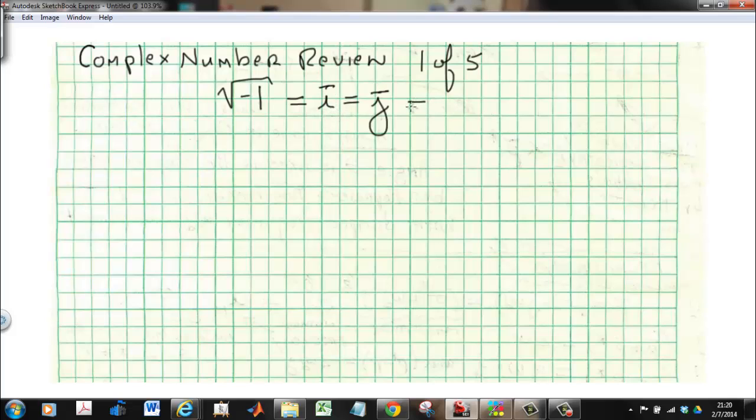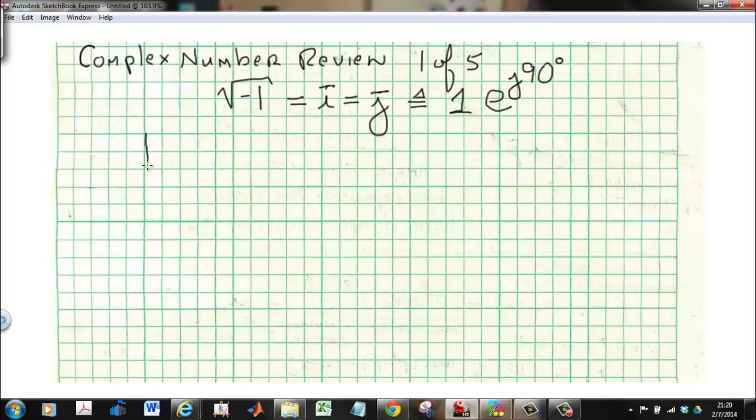So I or J, and by definition, it equals 1 at an angle of e to the j, or i, 90 degrees. That's the definition of a unit vector along the imaginary axis.